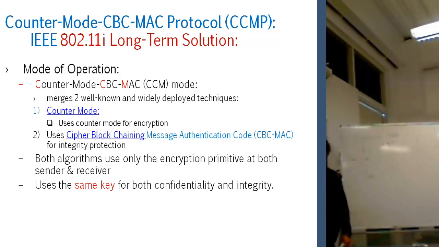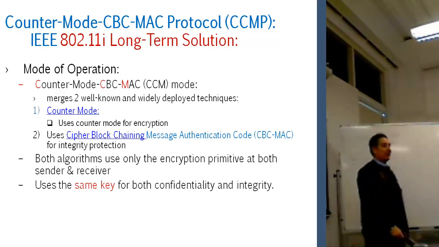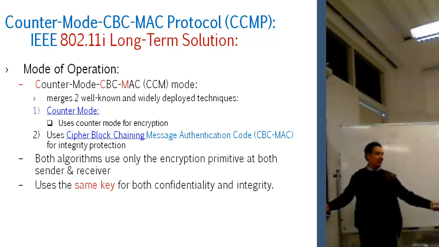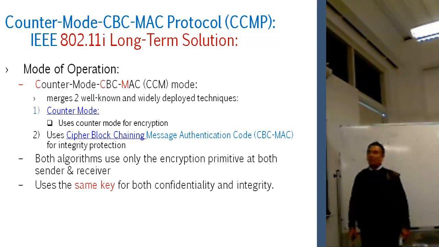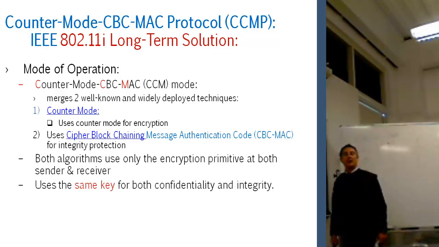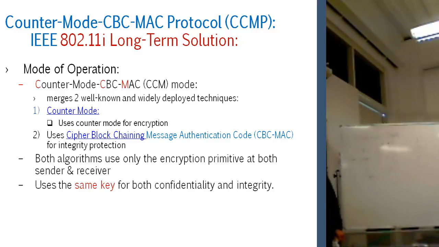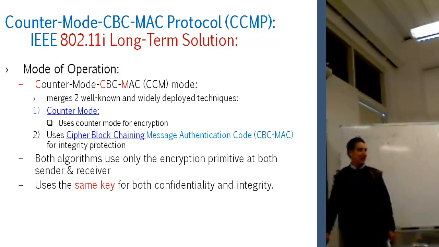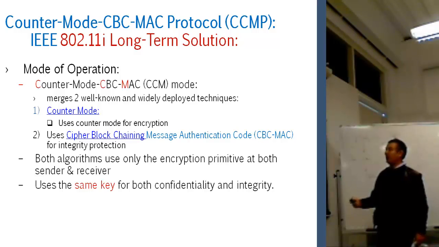And we are going to use AES in counter mode for encryption, and we're going to use AES in CBC mode for MAC calculation. So I don't need any other extra algorithm to calculate MAC. When I have one implementation of AES, I'm going to use it for encryption, and I'm going to use it for MAC calculation. Isn't that nice? You see, these guys are designing it this way.